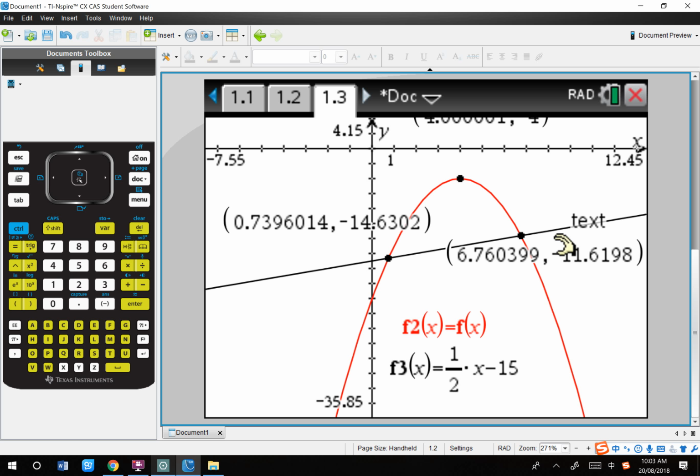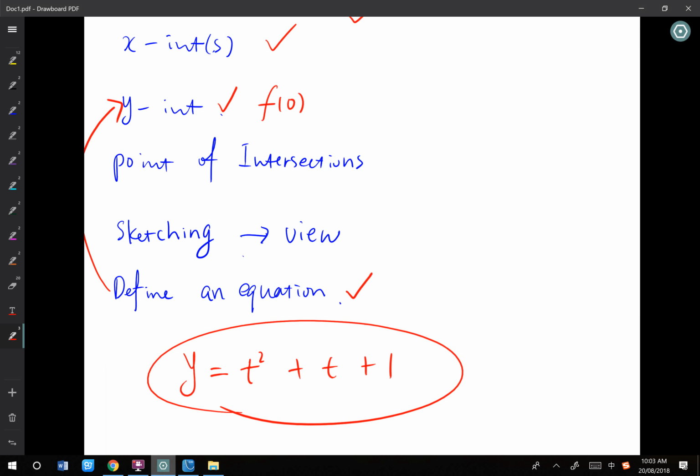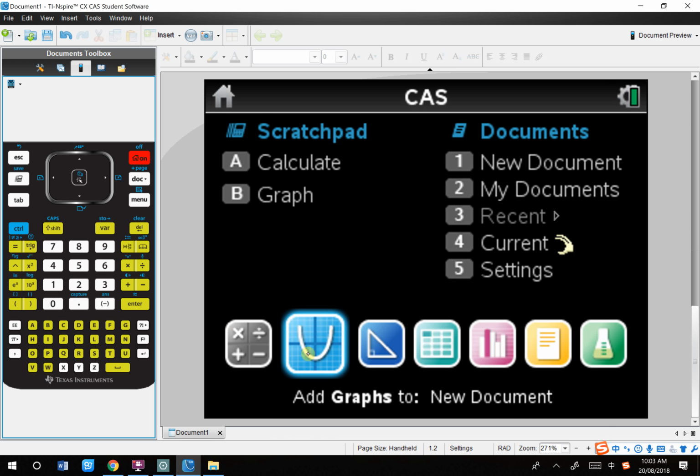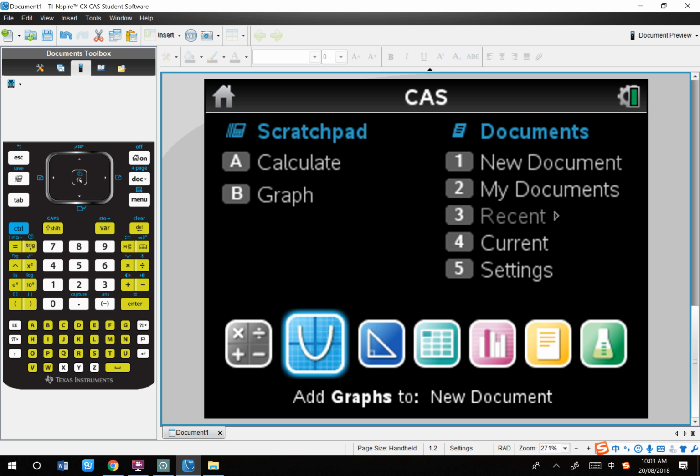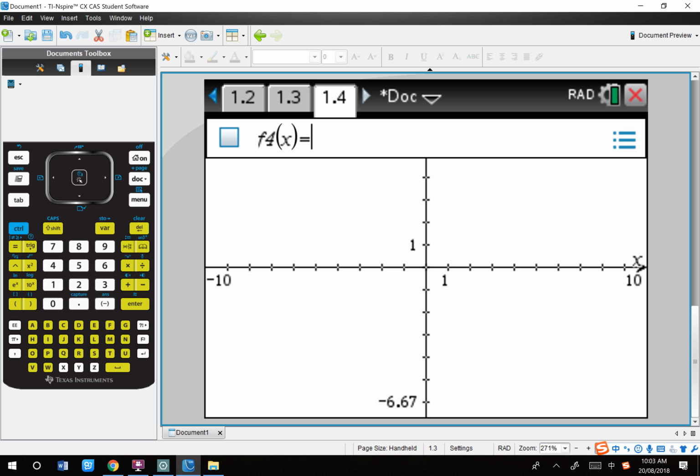Okay, I will write the equation down. Just go to the front page, and then I just click that again to get a new page. I want a new page to sketch a new graph.